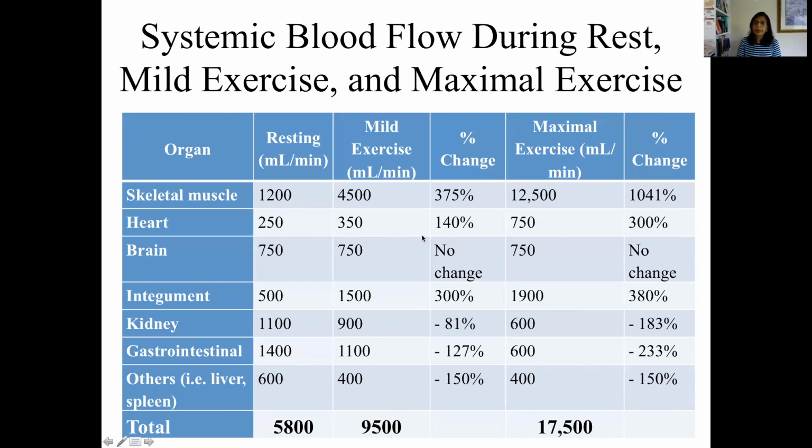Skeletal muscle is one of the main bulk of the body, and in a typical resting situation, you're talking about 1.2 liters per minute, versus during mild exercise, it triples, even 4 times more than the resting amount, and during maximal exercise, it increases many times more, about a 1,000% change.